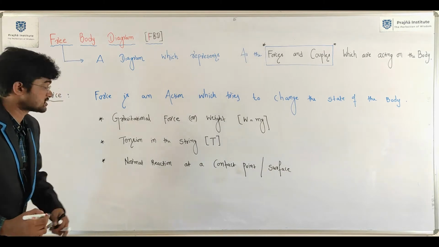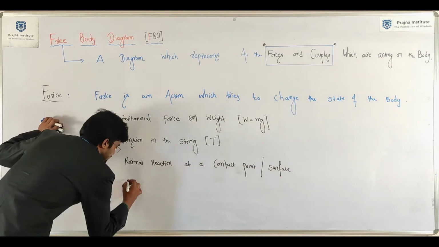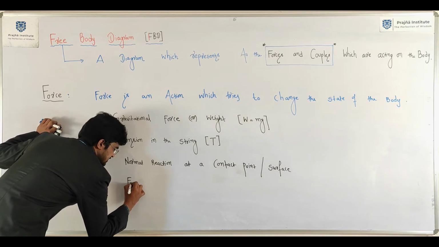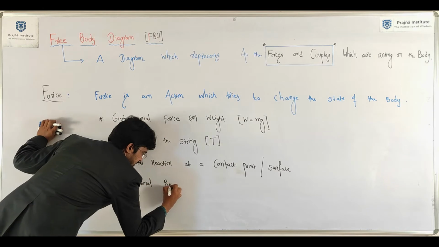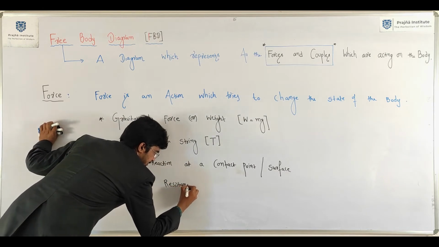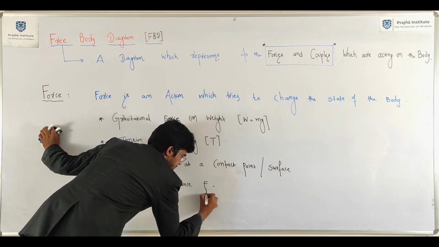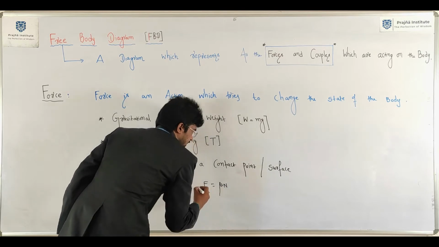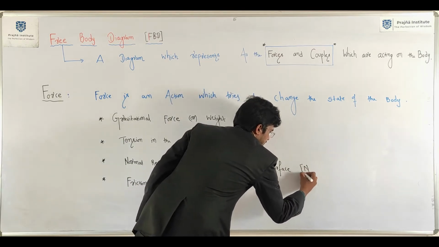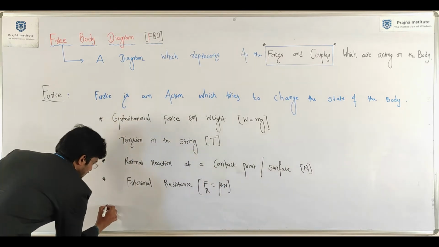After that, frictional resistance, F equal to mu into N, where N is the normal reaction.